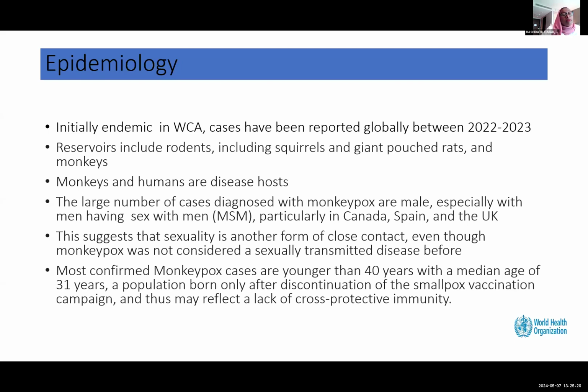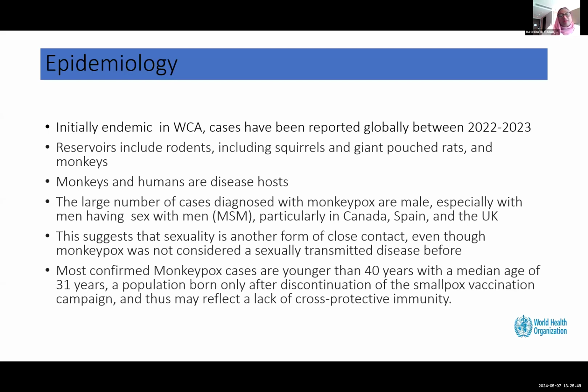Let us be mindful of the fact that a large number of cases diagnosed with monkeypox are male, especially men having sex with men, particularly in Canada, Spain, and the United Kingdom. So what we are seeing is a different transmission route, that sexual contact could be another form of transmission with close contact.